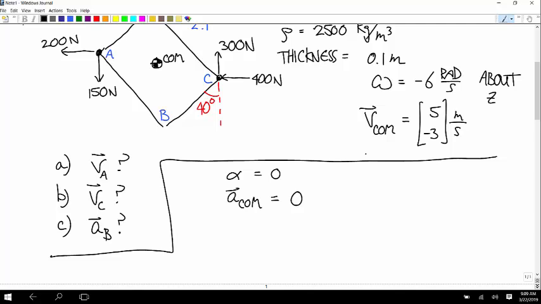Anybody have any questions about that, what I'm getting at there? Okay, so anytime you have forces drawn and you're asked for a velocity, you know that those two things are independent of each other. As an aside, velocities can affect forces in some cases.